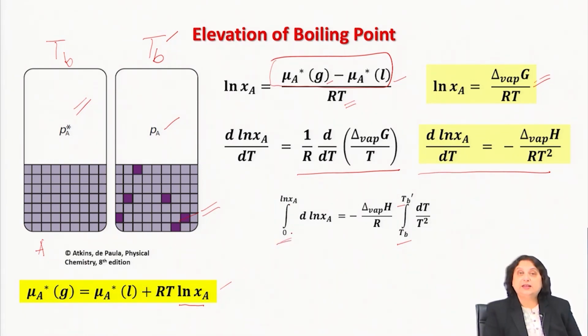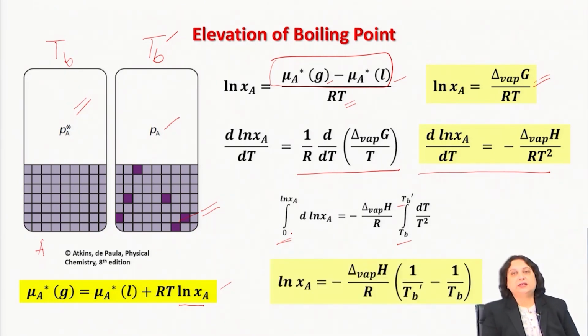That is because in the pure phase, Xa is equal to 1, there is no solute. As a result, ln Xa would be equal to 0. When I carry out this integration, this is the expression that I get: ln Xa depends on the negative of this ratio times 1 by Tb prime minus 1 by Tb.